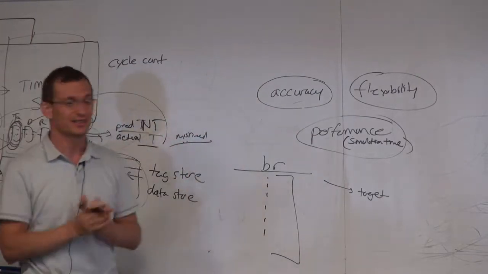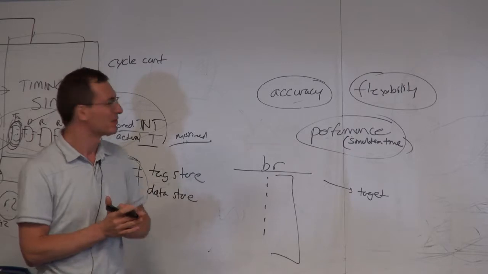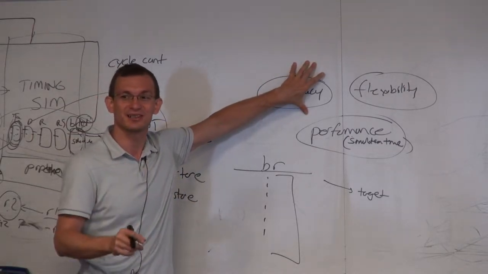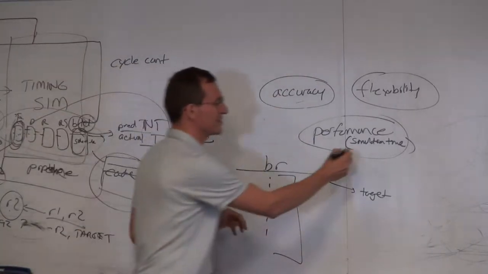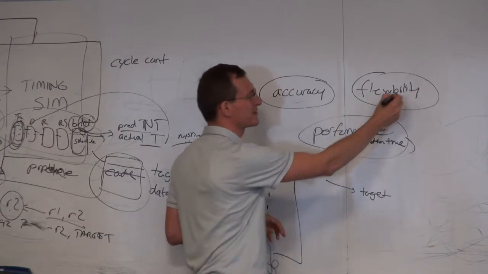So you're a designer trying to make decisions about what to put into your next processor. Do you model everything in that processor very accurately? Do you model every single cycle of execution? Well, if you do that, the simulation time increases significantly, right? And your flexibility reduces.